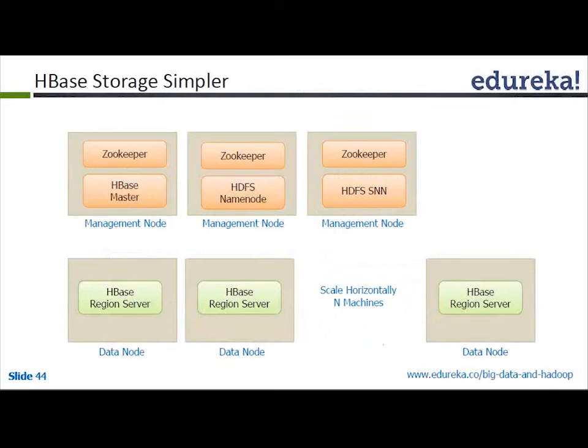You always will have a name node, a secondary name node, maybe you'll have a job tracker, and you will have an additional H master, which is going to be active passive. Then on the data node itself, you will have your region server, and that is the way you can scale horizontally across multiple machines.